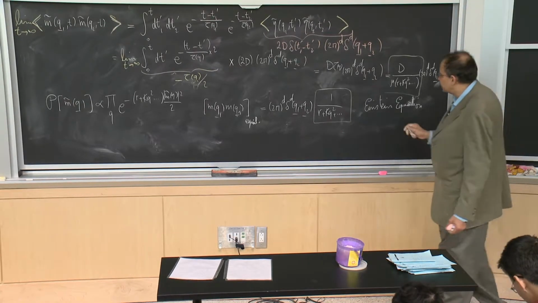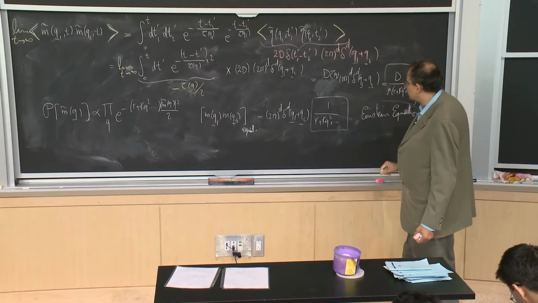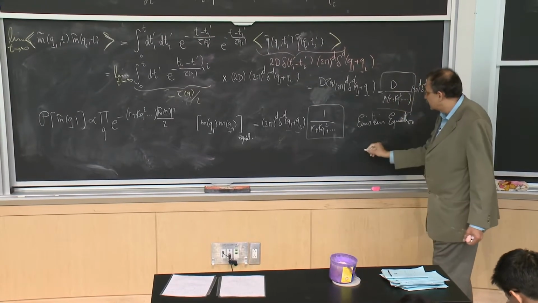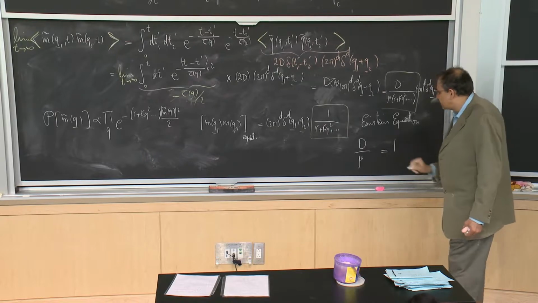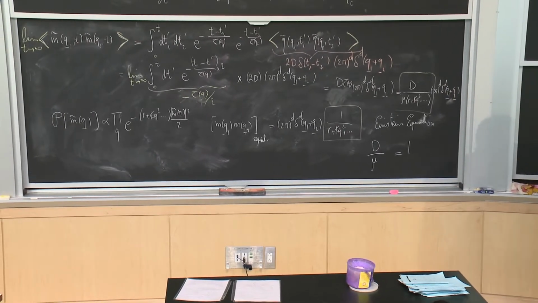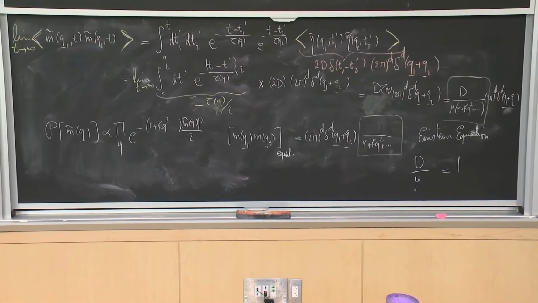And we see that here, all I need to do is to ensure that d over mu should be equal to 1. Okay?